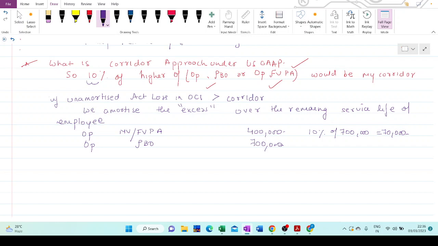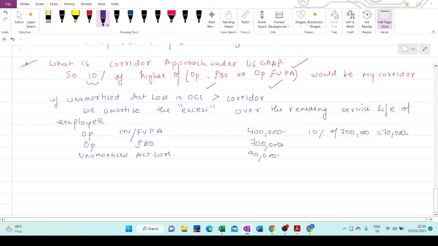Now, if my unamortized actuarial losses in the OCI exceed the corridor, I'll have to start amortization. So now say the unamortized actuarial loss is 90,000. My corridor is 70,000.